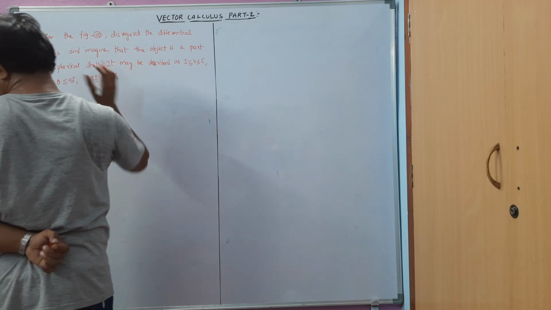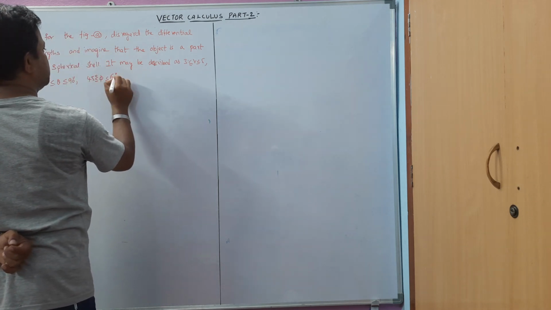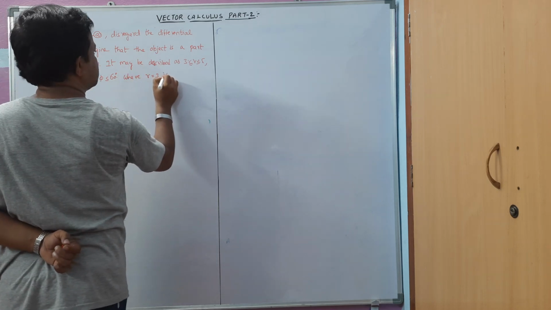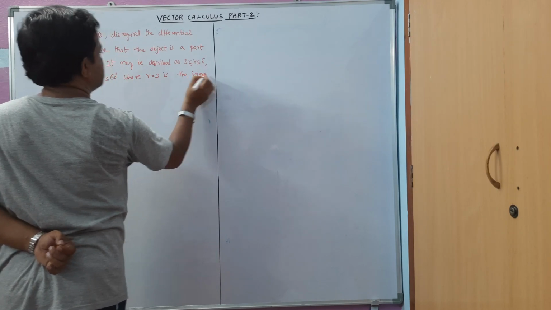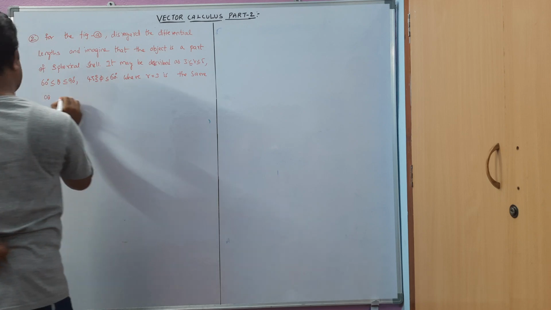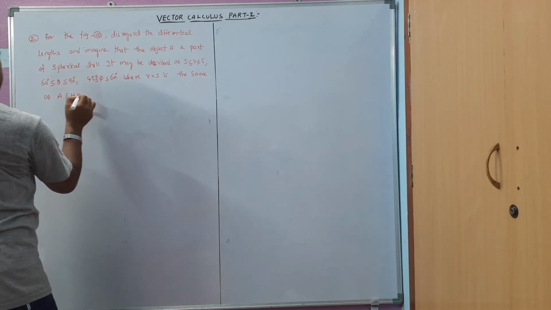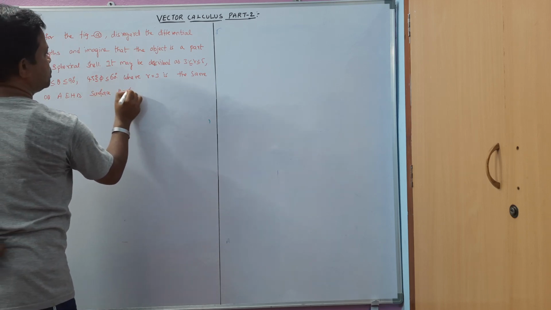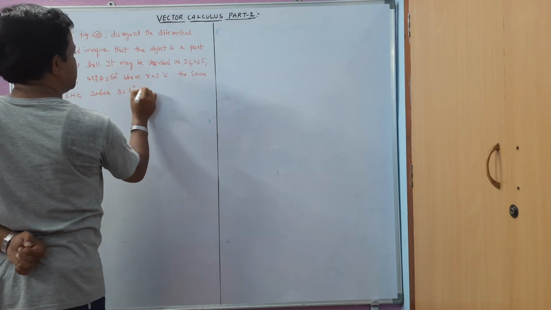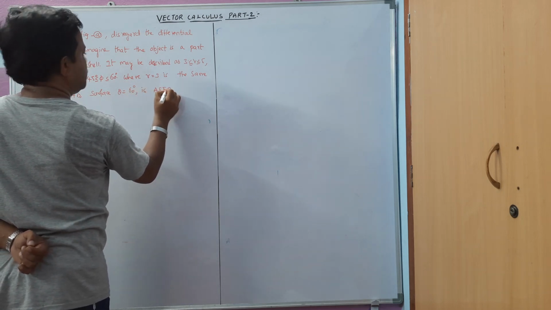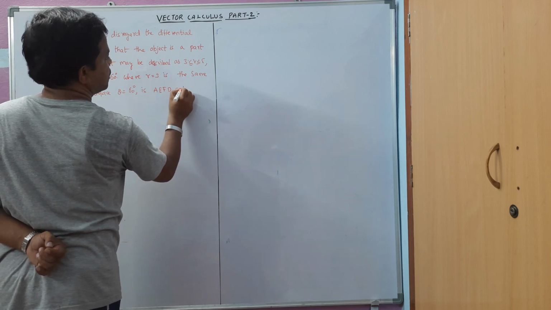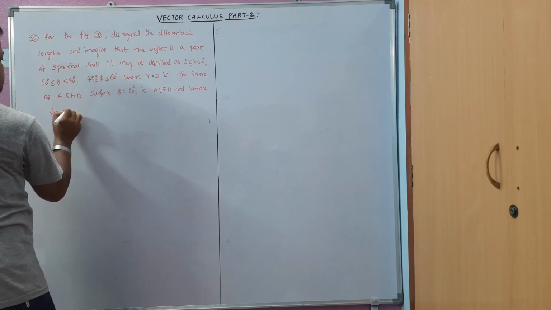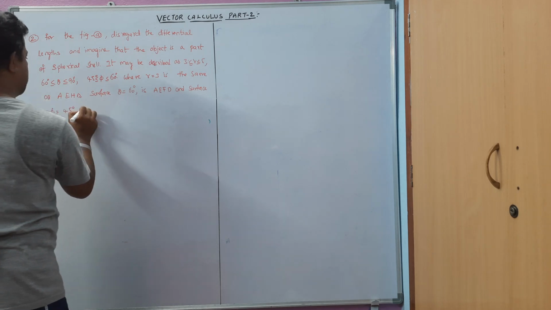Where the surface r equal to 3 is the same as AEHD, the surface theta equal to 60 degrees is AEFD, and the surface phi equal to 45 degrees is ABCD.